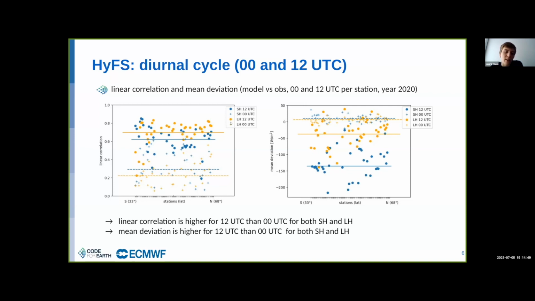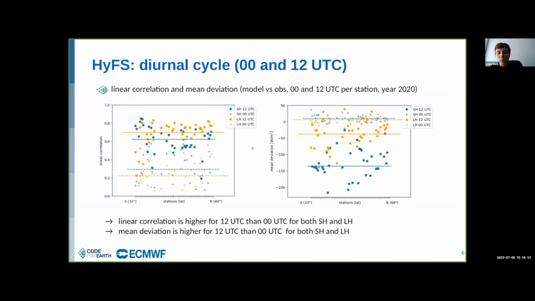The different dot types show the 12 UTC and 0 UTC values. For 12 UTC, both sensible and latent heat flux have really high correlation of more than 0.6. But for the 0 UTC values, the correlation is on average quite low, just below 0.3.